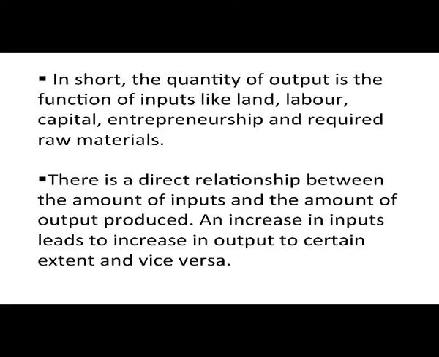In short, the quantity of output is a function of inputs such as land, labor, capital, entrepreneurship and required raw materials. There is a direct relationship between the amounts of inputs and the amount of output produced. An increase in inputs leads to an increase in output to a certain extent and vice versa.